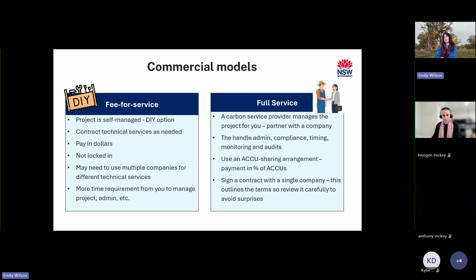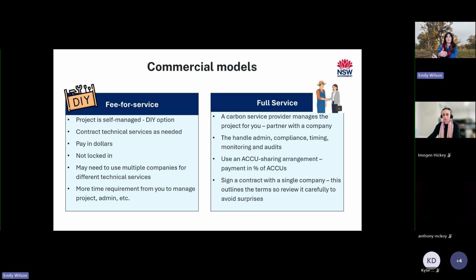At the other end of the spectrum, there's more of a full service partnership model. That's where a carbon service provider or carbon company will manage the project for you. So you're partnering with a company. The company will generally handle the admin, compliance, timing of activities, the monitoring of the project, and the audits.